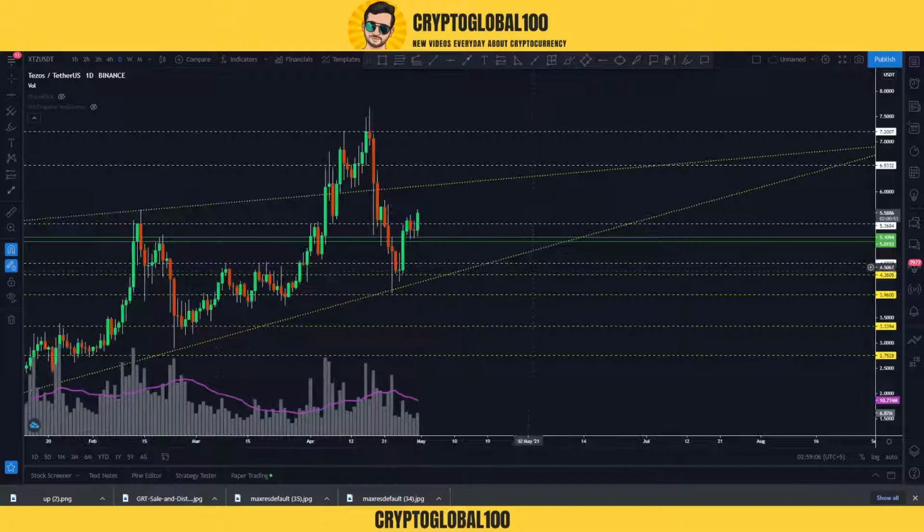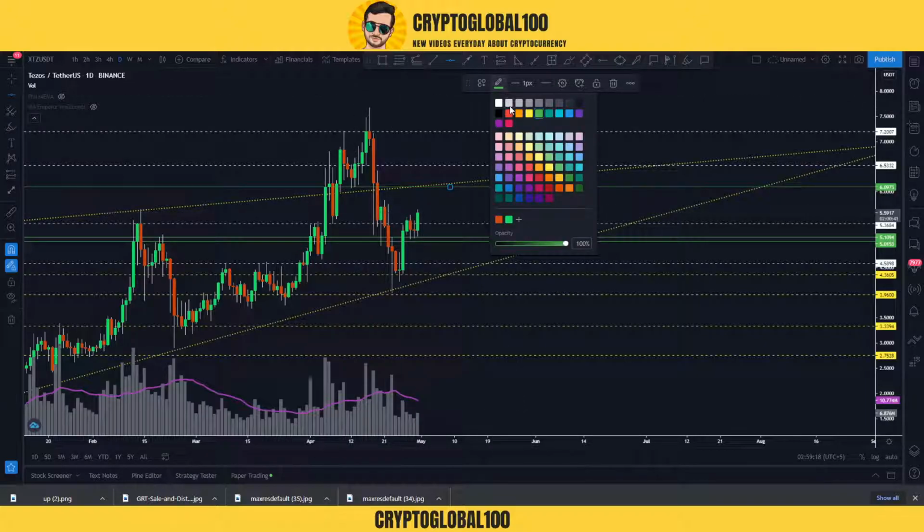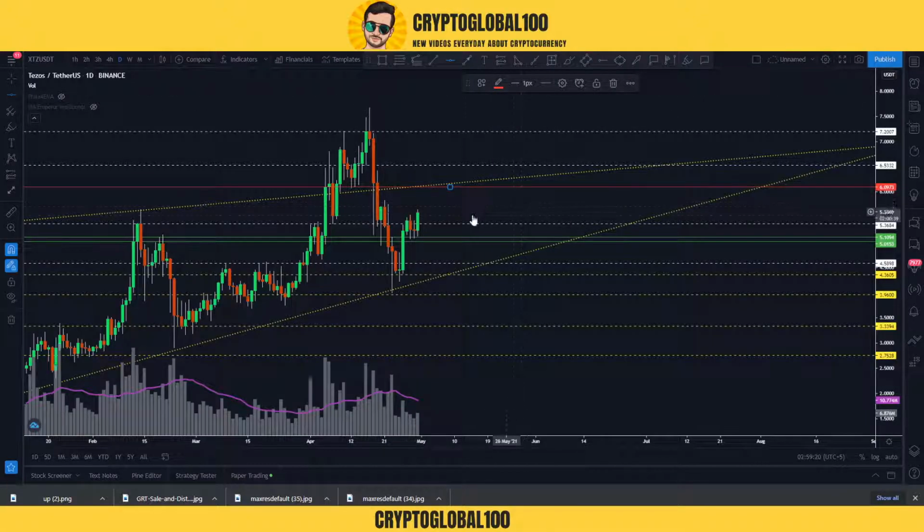We need to look for the next candle close, because this is the resistance and the next resistance would be here, this would be a good zone. What I am expecting is that the price might go up and test this level, and after that we can have a good rejection again.